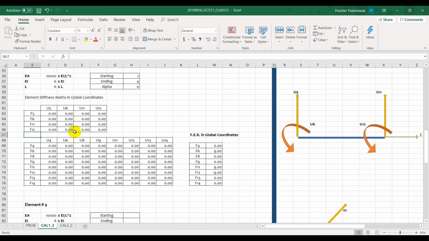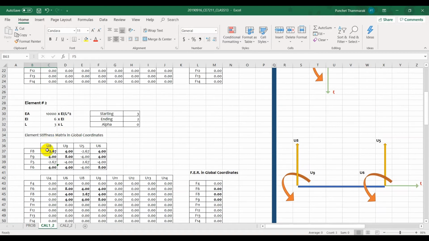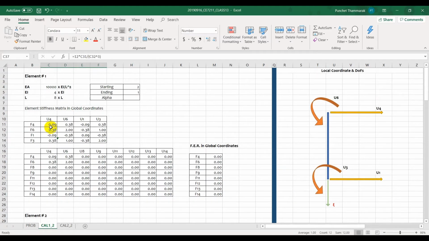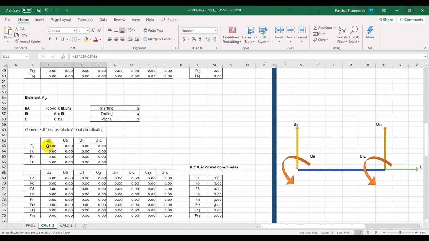And I will plug in, forget about F5, U5, I have U6, I have U11, and I have U12. Okay, I will copy the matrix down to here.